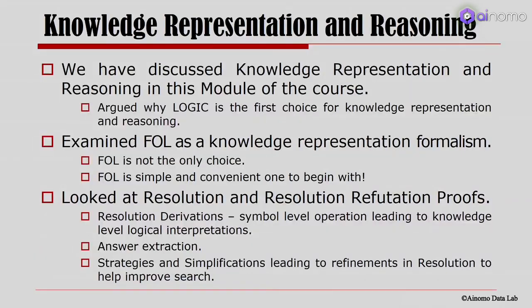We have looked at resolution and resolution refutation proofs, particularly resolution derivations, symbol level operations leading to knowledge level logical interpretations. We have walked through answer extractions, and today we have covered strategies and simplifications leading to refinement in resolution to help improve search. This is where we wind up knowledge representation and reasoning.